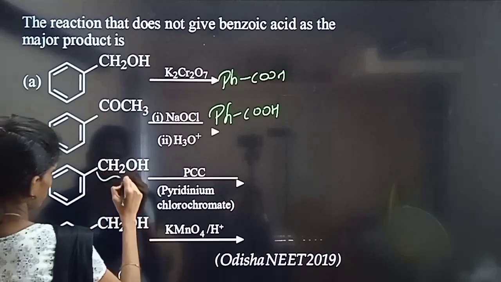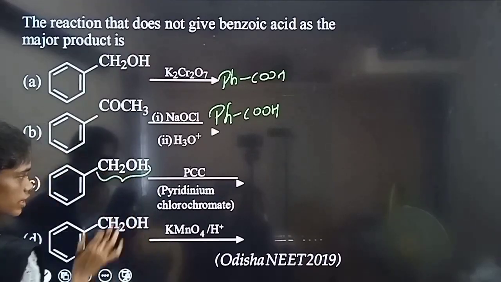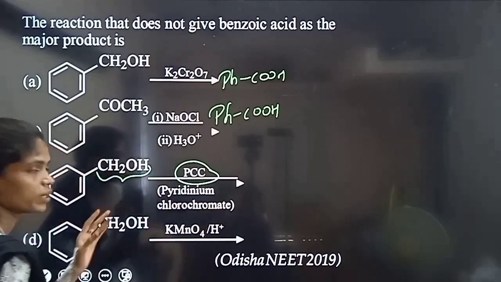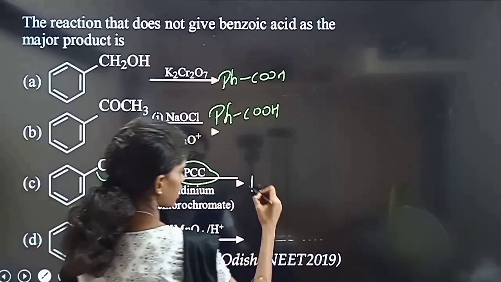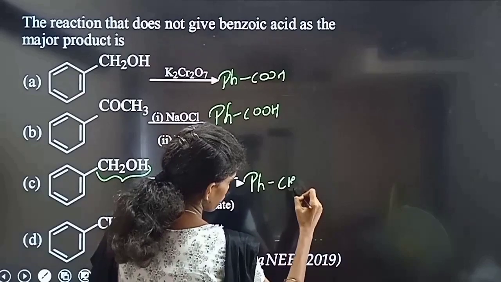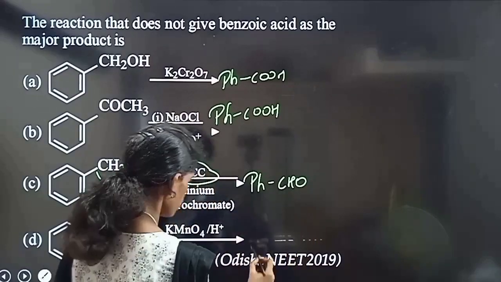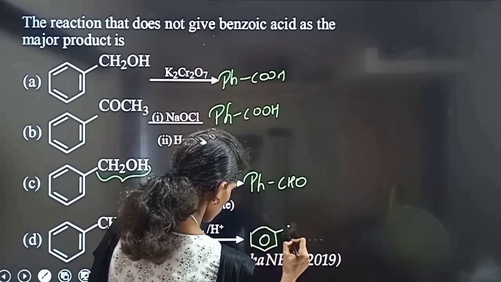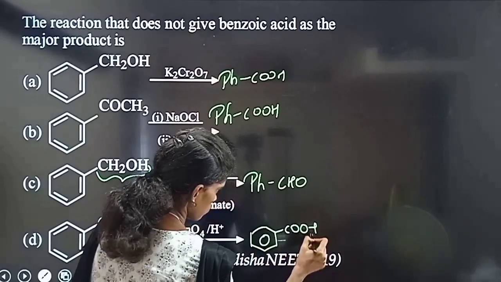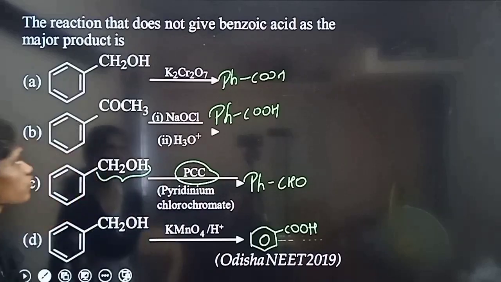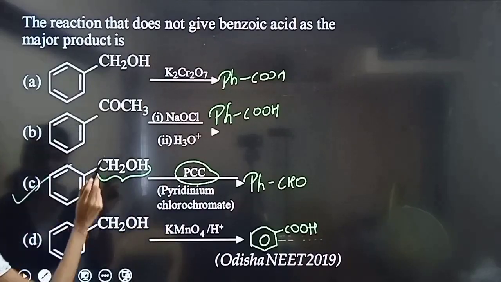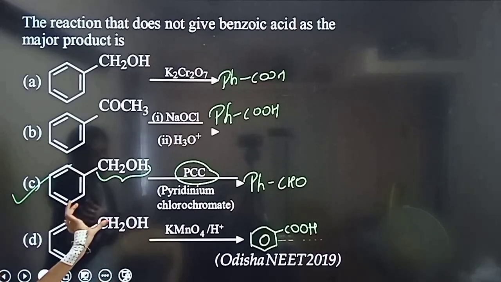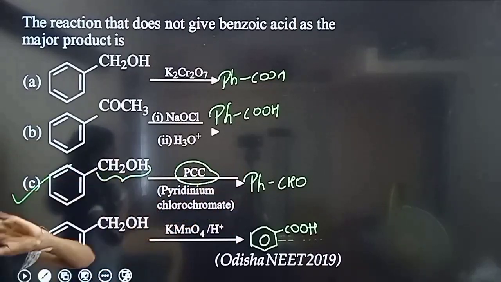But in here, this is an alcohol group. When it is reacted with PCC, it will be converted to aldehyde only, not acid. In here, it is a strong oxidizing agent which can be oxidized. Not possibly C. Now, PCC is a mild oxidizing agent which will oxidize alcohols to aldehydes.